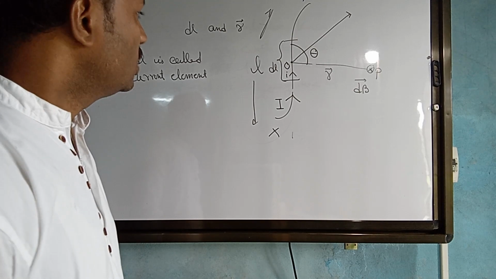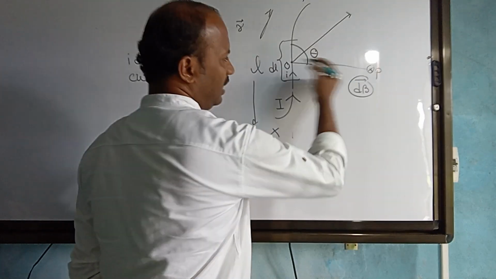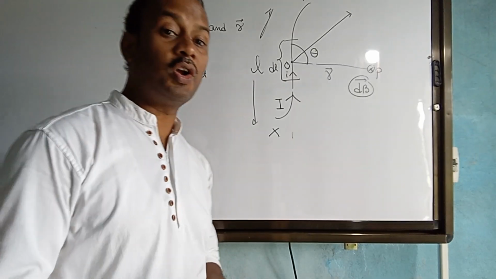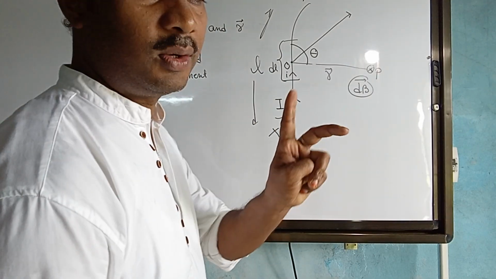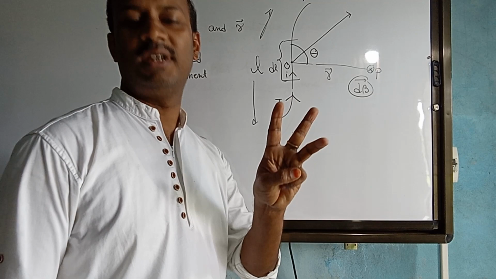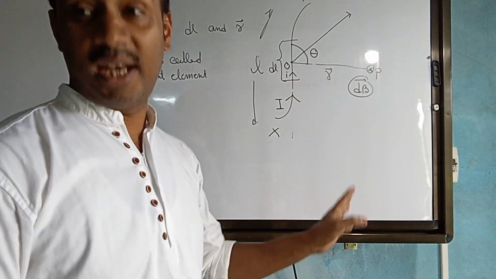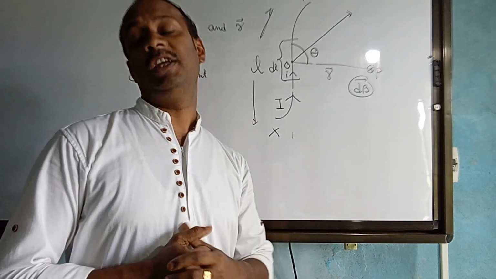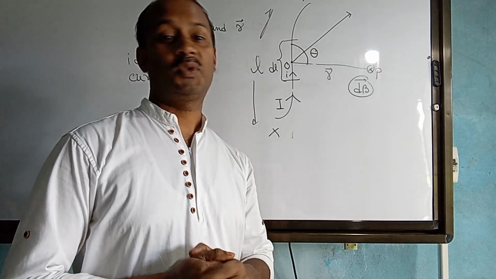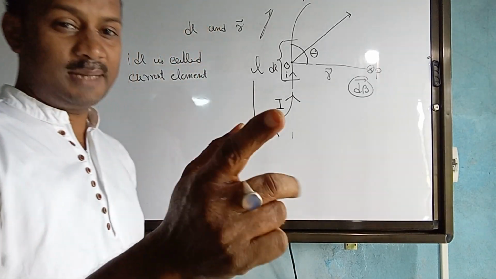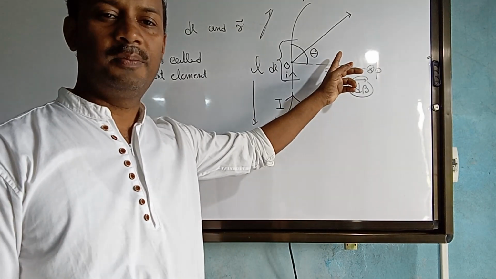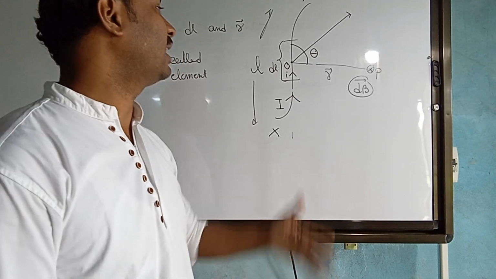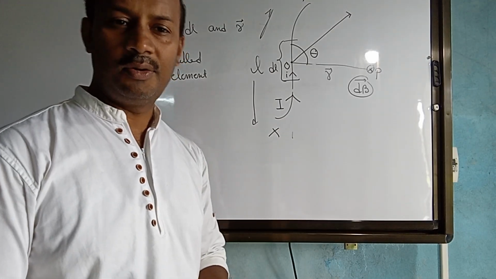Okay. So this magnetic field dB is based upon three factors. So what are the factors? It is based upon the angle, sin theta. dB is based upon the current element I dl.